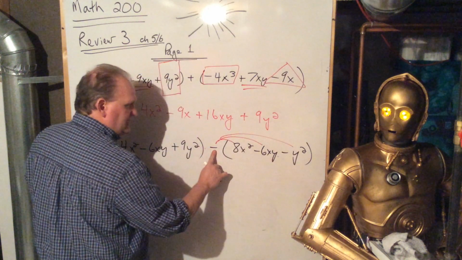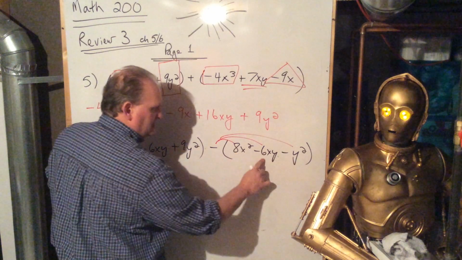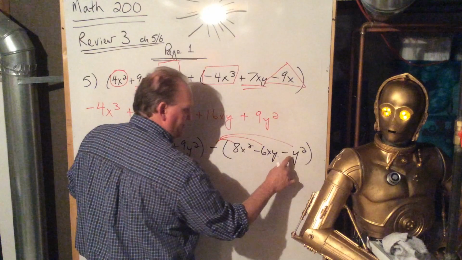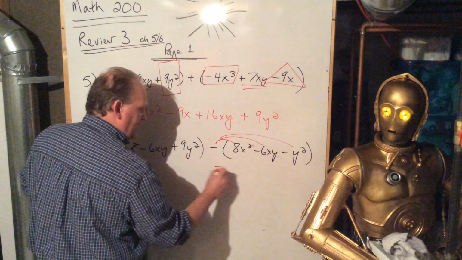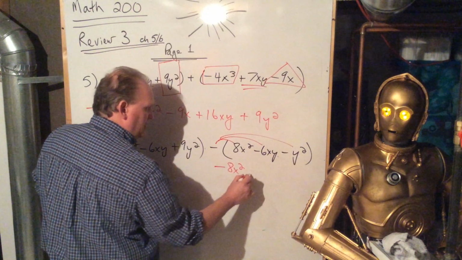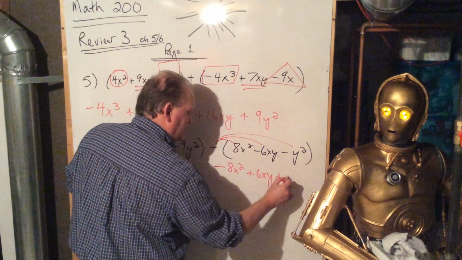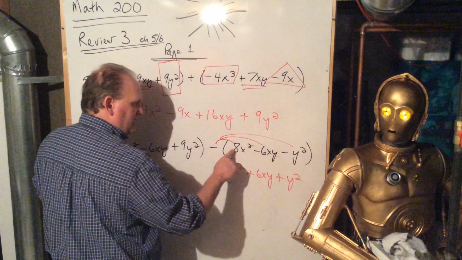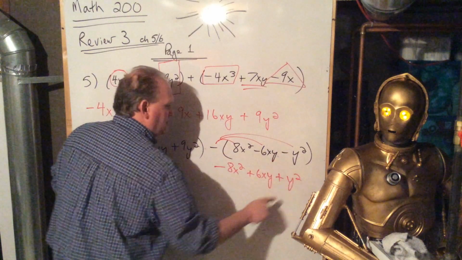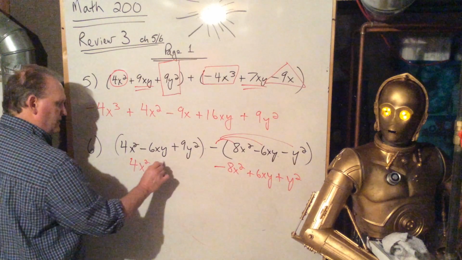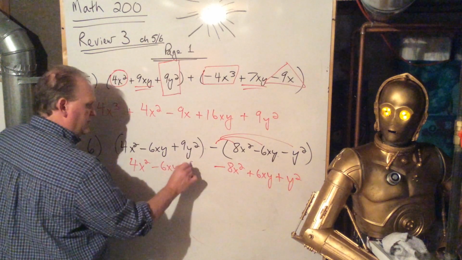It's like the opposite. Every one of those terms is going to get flipped. So we have negative 8x squared plus 6xy plus y squared. So we change the sign of that to a negative, that to a positive, that to a positive. Now this stays the same, 4x squared minus 6xy plus 9y squared.